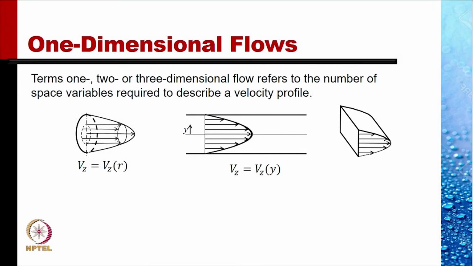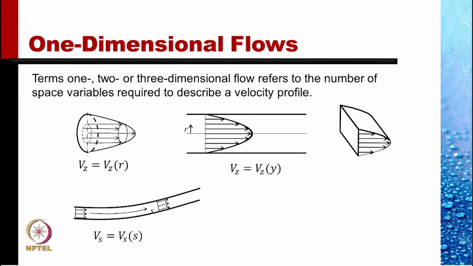Similarly, if we have a channel made of two parallel plates, the velocity profile Vz is a function only of y, the distance from the central axis. This is also a one-dimensional profile.